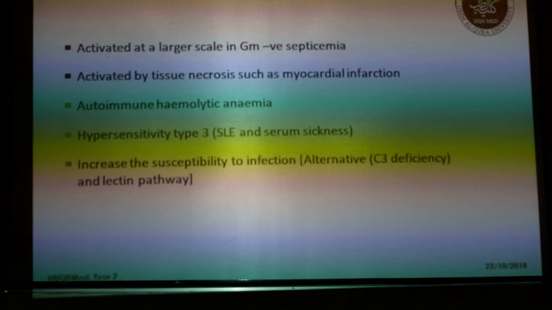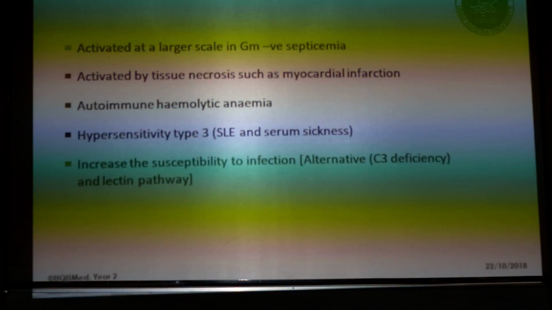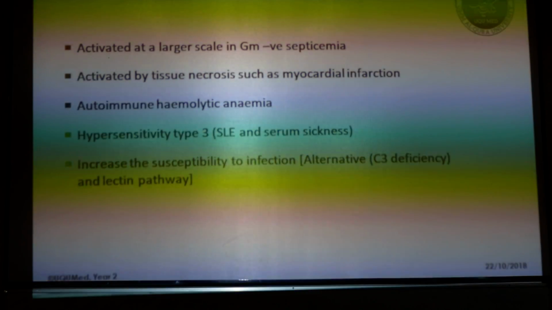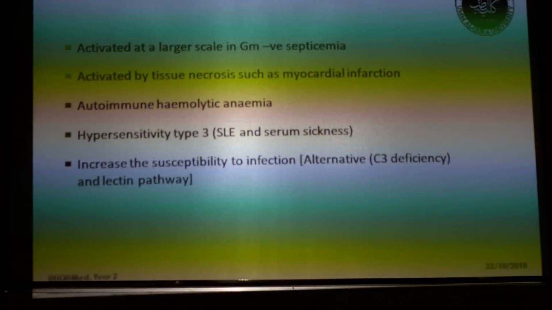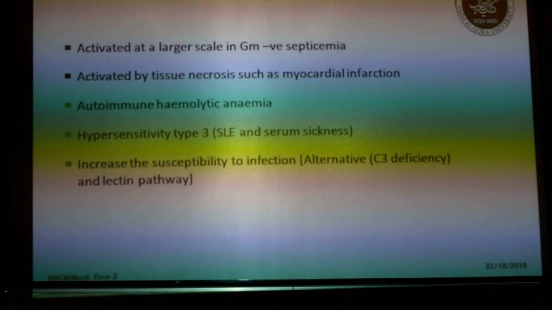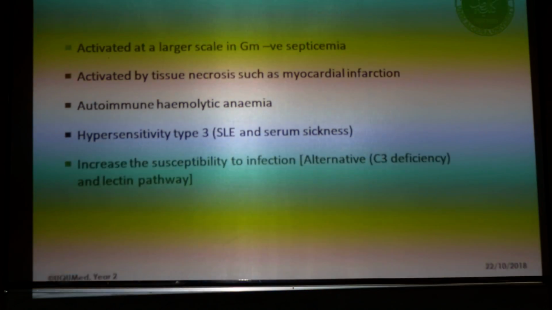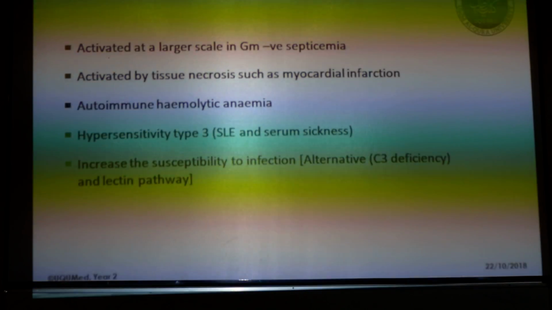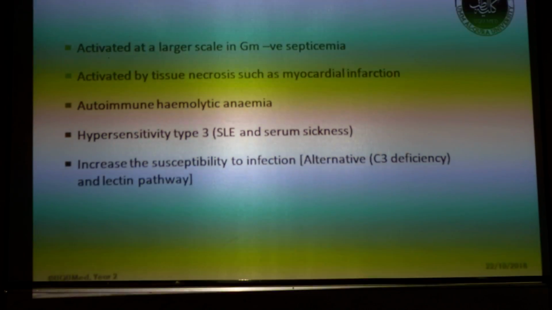Autoimmune hemolytic anemias, so patients of SLE, rheumatoid arthritis or Sjogren's syndrome, autoimmune diseases, if you look at their complement levels, they are again reduced, and the reason is because they activate these pathways, they are used, consumed, and the level drops.